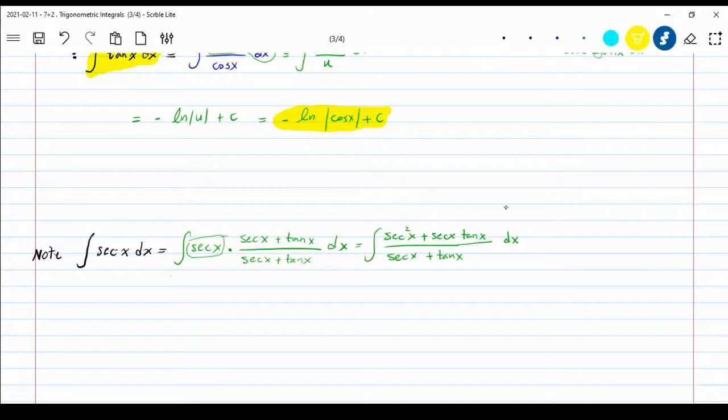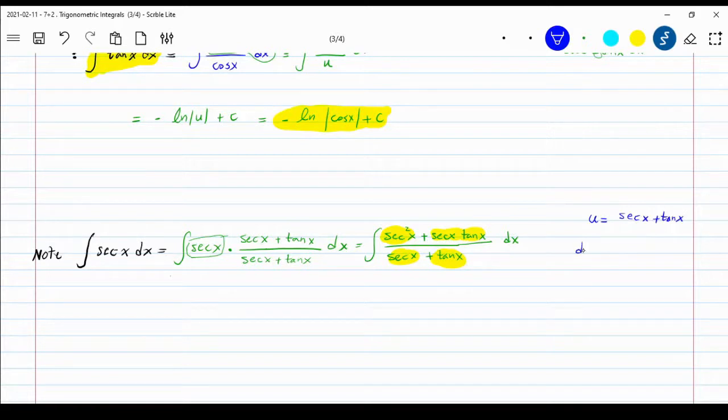Now look at this. If you have tangent, what is the derivative? It is secant squared. If you have secant, what is the derivative? Secant tangent. The whole purpose of this multiplication was to create something like this. Now I can do a substitution. Let u be the denominator, secant x plus tangent x.